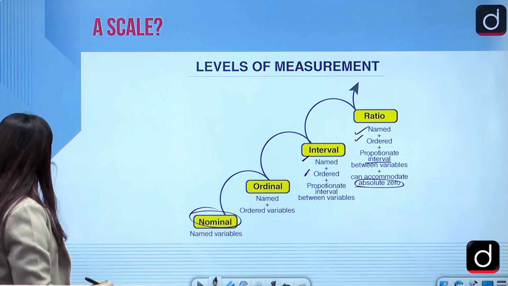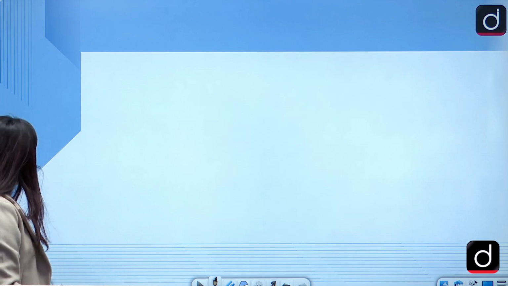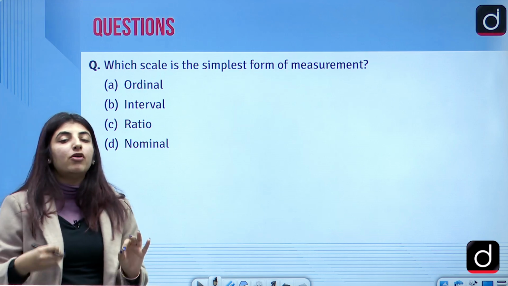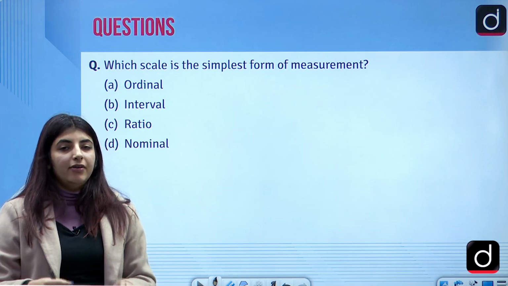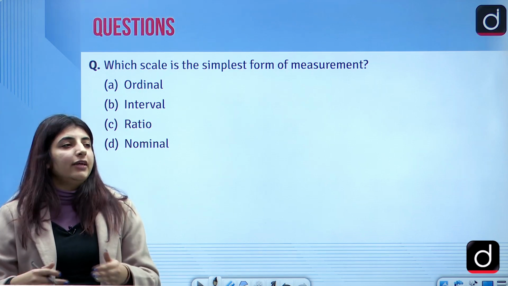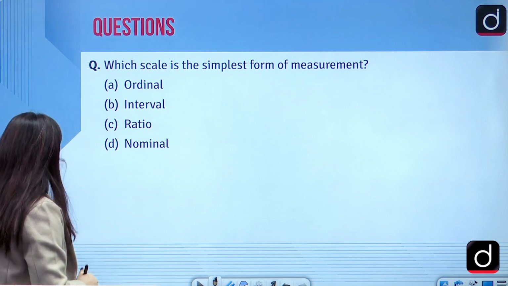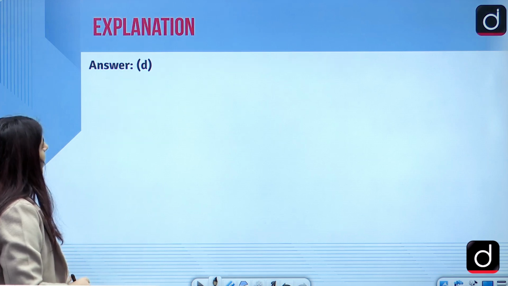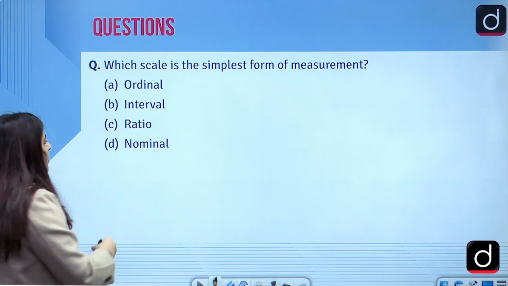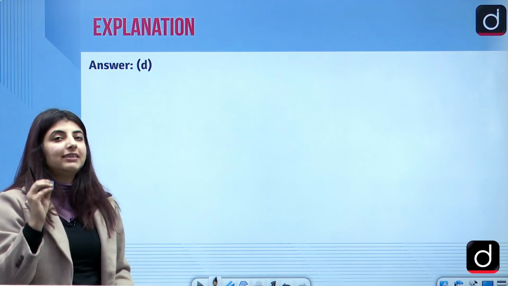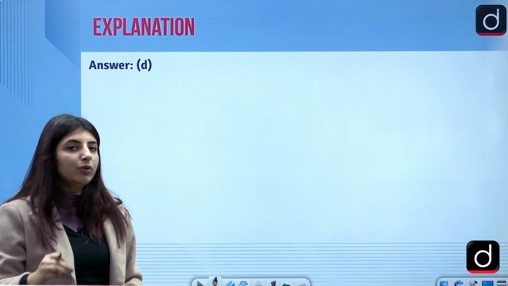Moving to the next question that we have here, which scale is the simplest form of measurement, right? Where you don't have to calculate anything. Which is that scale? The answer to this question is D. What do we have as option D? Nominal scale. Now, when we say nominal scale is the simplest form of measurement, why do I say that?